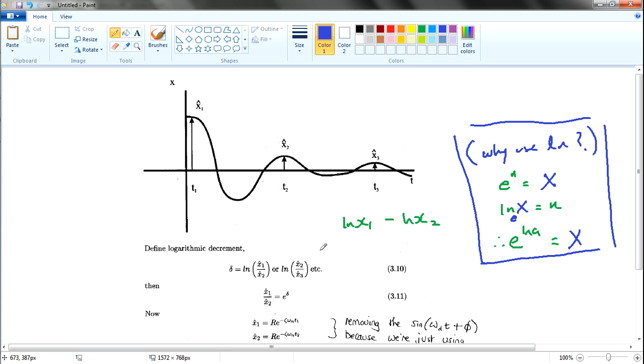The purpose we use ln is because of this relationship. Since we know that the decay is exponential, with some value minus n, we don't care about minus or plus; we just say that e to the power of n is equal to our amplitude x, in this case our position.